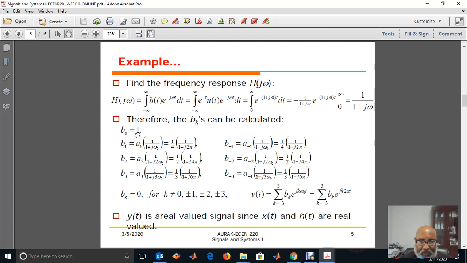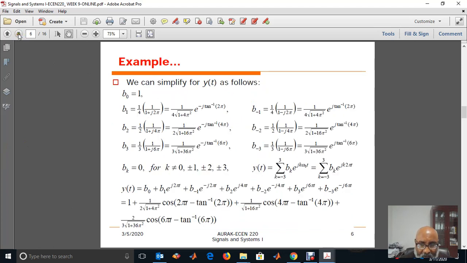B0, the DC part, is when omega is 0, then H at 0 is 1, so A0 is 1, so B0 is A0 times H at 0, which is 1. Then we do this summation. After that is simplification.